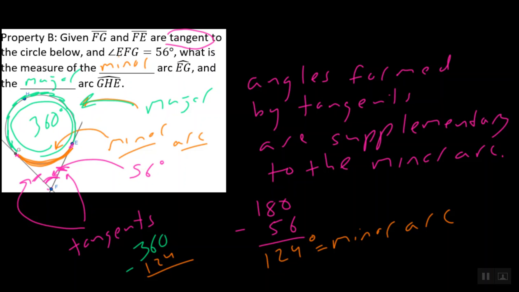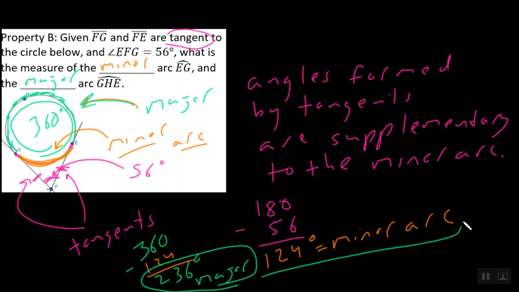My guess is that it's 236, but let's just find out. 360 minus 124 is 236. And that is our major arc.